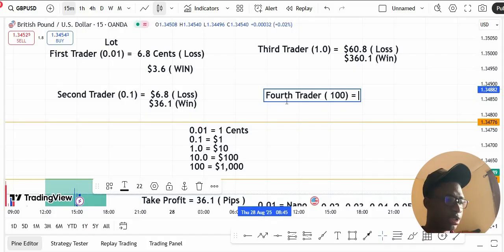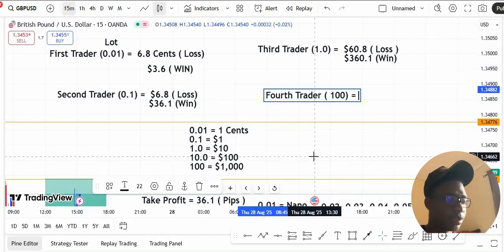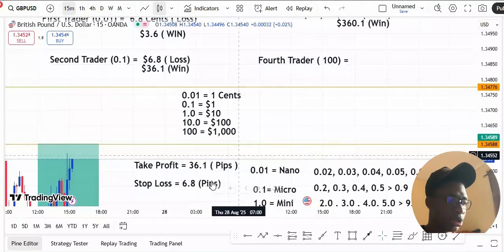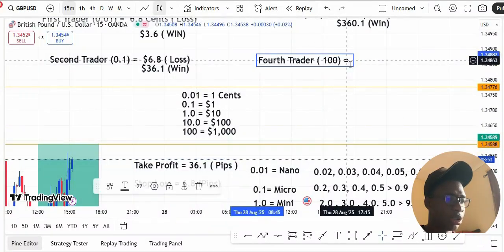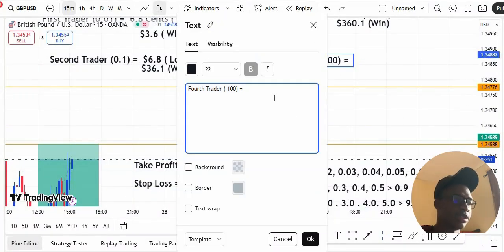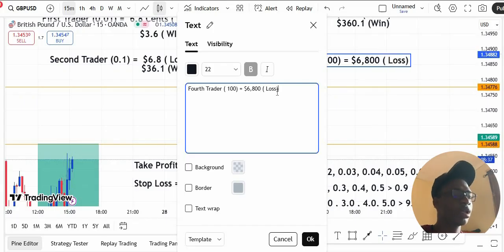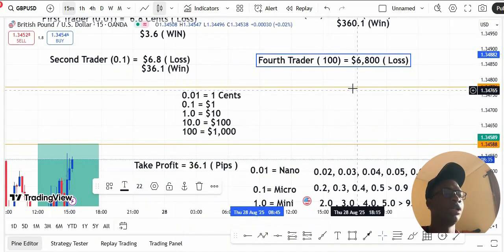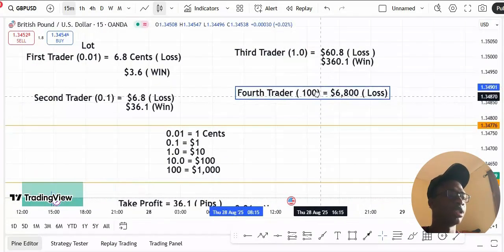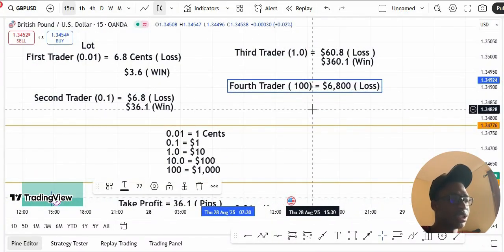So for the 6.8 pips for the loss, as a big boy using the 100 lot, he is going to be exposing his account to $6,800 for the loss. If the market goes against him, it's exposing the account to $6,800.